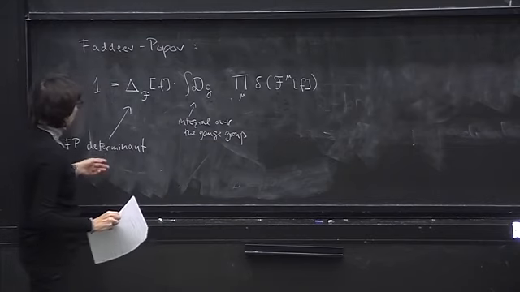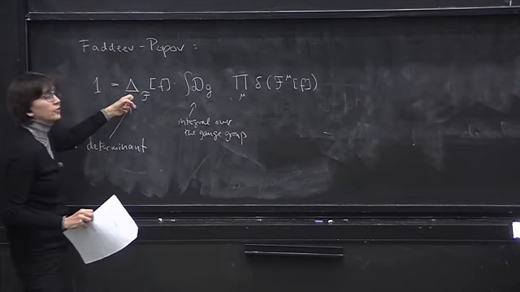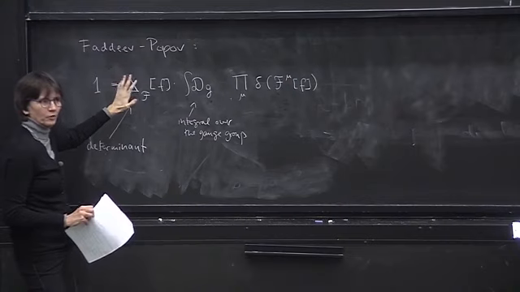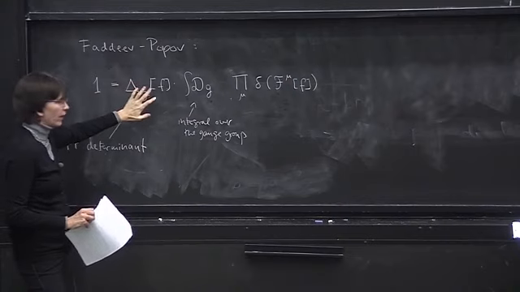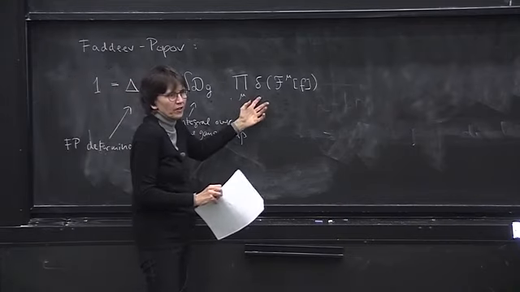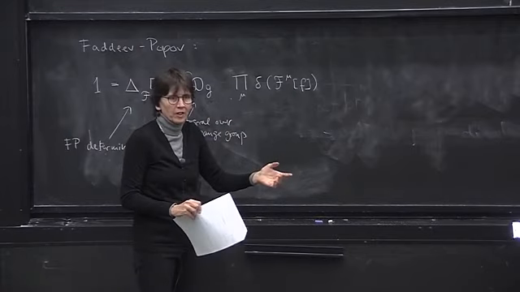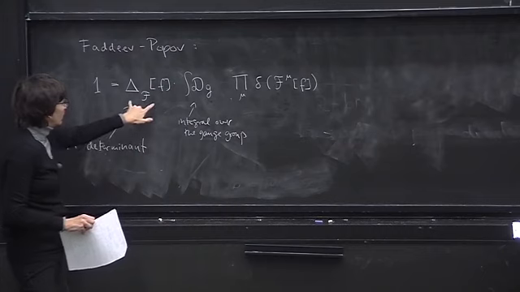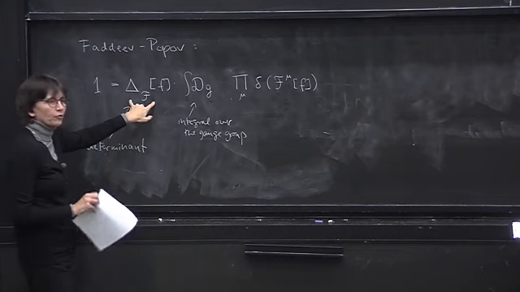And this is needed. At first, people kind of overlooked that this should be there. Of course, inserting a delta function is kind of the obvious thing to do. But I already explained to you why a gauge choice has to involve more than that.